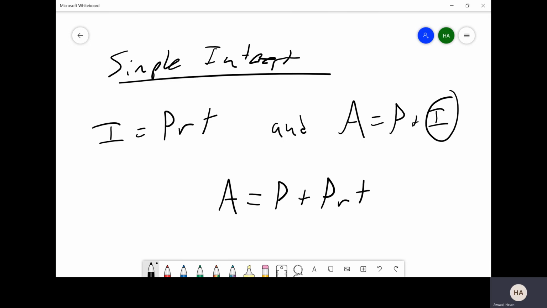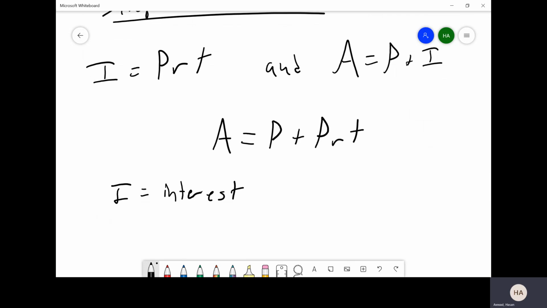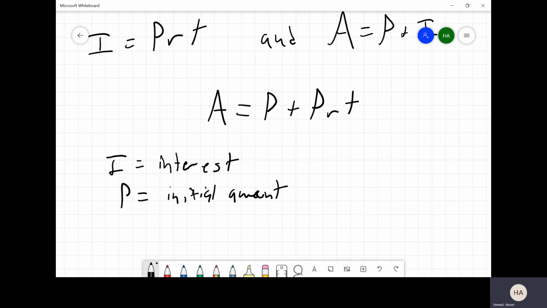So what's actually happening here? What does all of this mean? Okay, let me write out all of the variables. I is your interest. I misspelled interest. Wow, how embarrassing. Interest. There we go. Okay, so I is your interest. P is your principal amount, or you can think about it as your initial investment, your initial amount of money that you're putting in, okay?